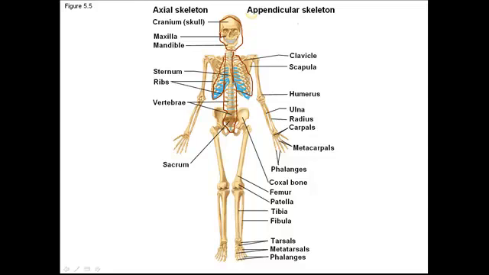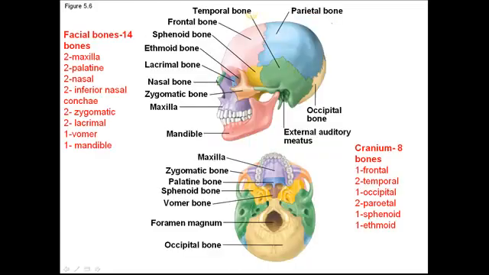Everything else is considered appendicular. So why do they classify it like that? Because anatomists love to classify things. So know what the axial skeleton is and know what the appendicular skeleton is. So then we're going to start on specific bones.